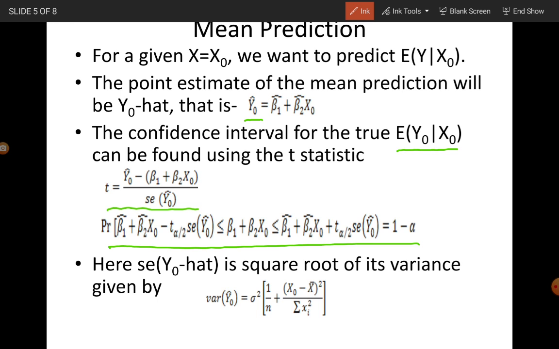Remember, the standard error of y naught hat, to be put in the denominator of the t statistic, will be the square root of the variance, and the variance is given by this formula. I'm just writing this for your information. I don't think learning these formulas by heart is required, but just understand how we get the t statistic. The t statistic is the estimated value minus the predicted value, the whole thing divided by the standard error of the estimated value. This is true for any t statistic that you are calculating.